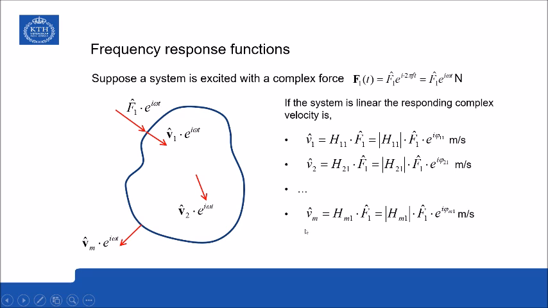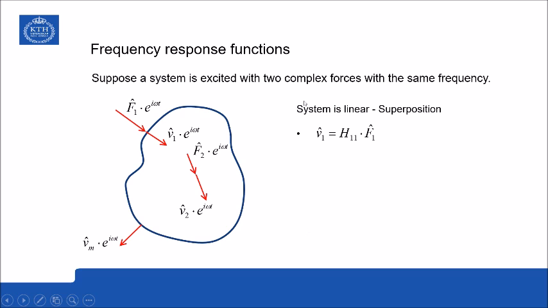So if we now introduce a second complex force with exactly the same frequency as the first one, and let us now assume that this second force excites the system in point 2. If now the system is linear, then we know that the principle of superposition holds, and then we can write the total response due to both forces in point 1 as the sum of two contributions.